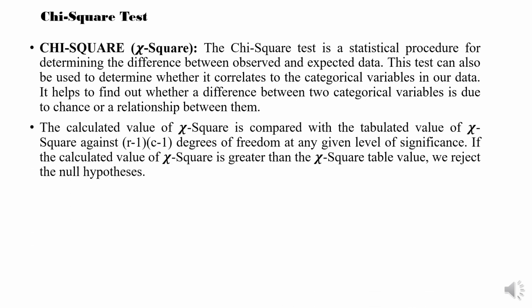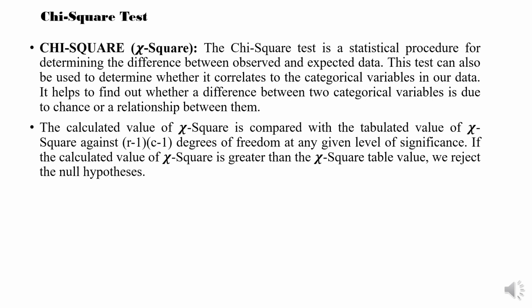them. So the calculated value of chi-square is compared with the tabulated value of chi-square against r minus 1 into c minus 1. So what is r minus 1 and c minus 1? c minus 1 is the independent columns.